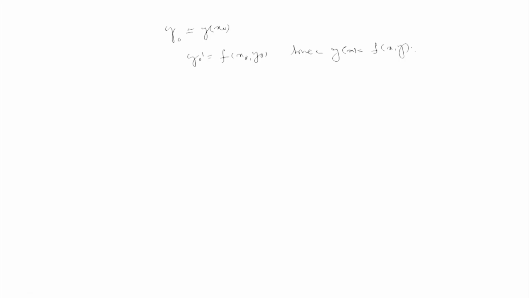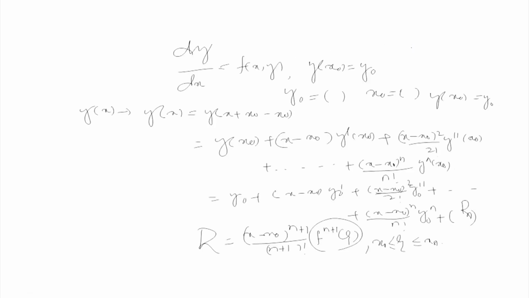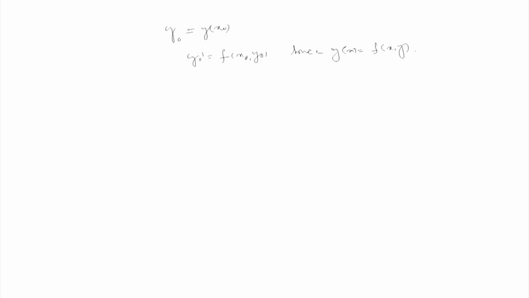In the previous slide, dy/dx was written as f(x,y), so expressed at the initial point it can be written in terms of x0 and y0. Based on this, y0 dash equals f(x0, y0).